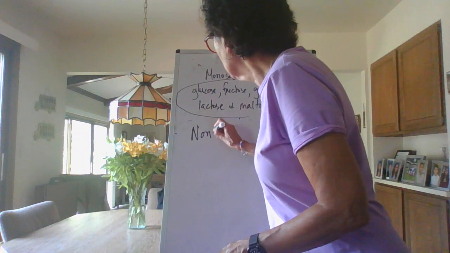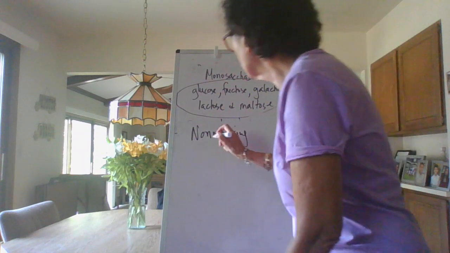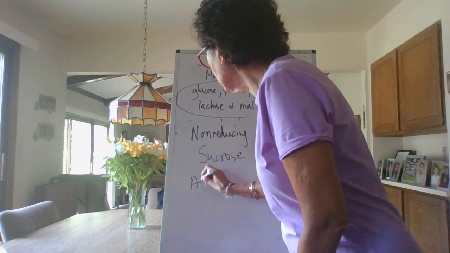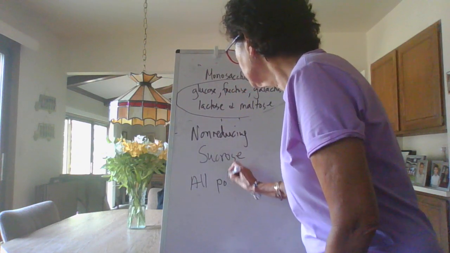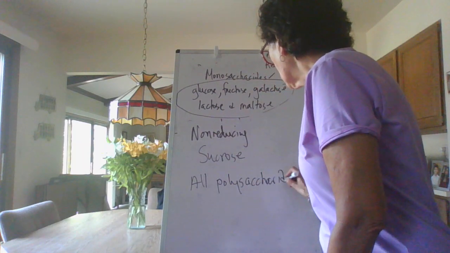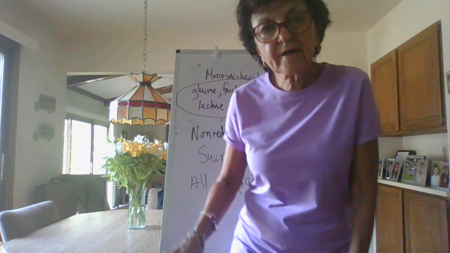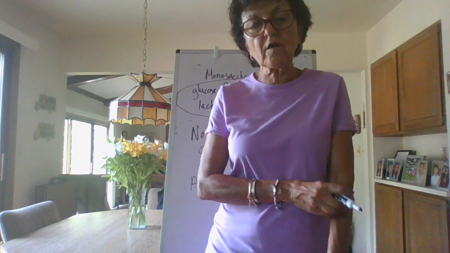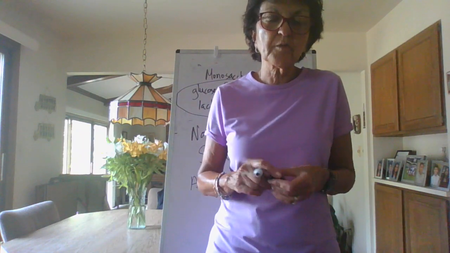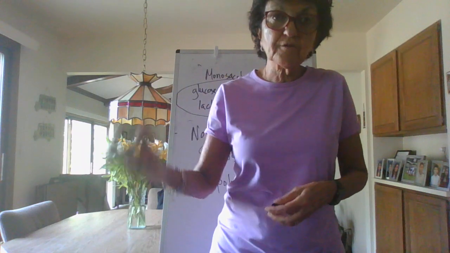Non-reducing are sucrose, and then all the polysaccharides. So we're talking amylose, amylopectin, glycogen, cellulose. None of those can reduce that copper +2 and turn it into copper +1. Why is this a big deal? Because it's used in several different tests.